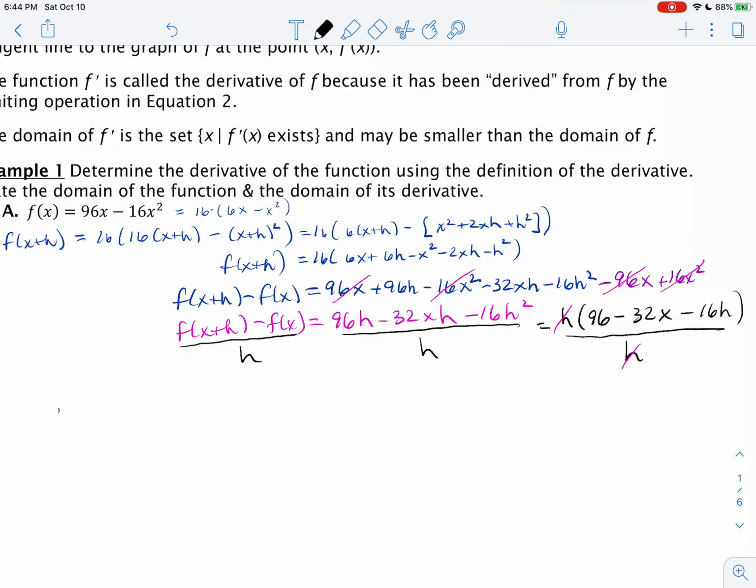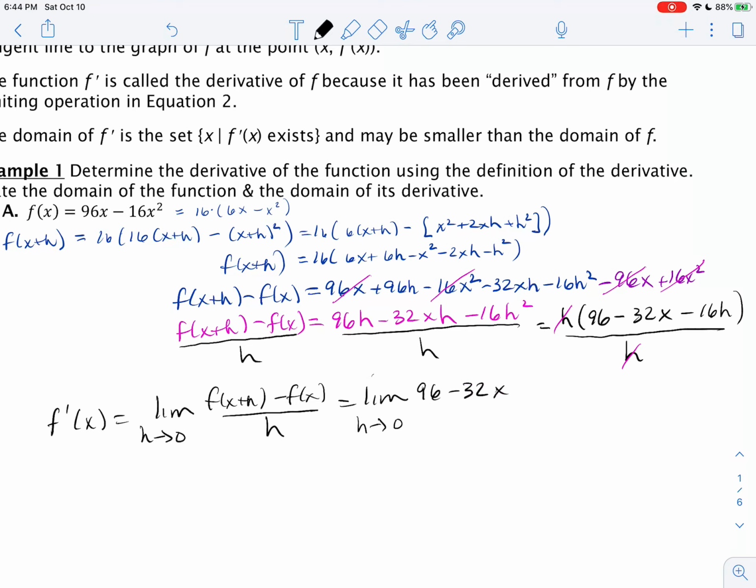So now I can say that my derivative, f prime of x, is going to be the limit as h goes to 0 of (f of x plus h minus f of x) over h. And I have already simplified that difference quotient, and I came up with 96 minus 32x minus 16h. And in that limit operator, h is the variable that is going to 0, and we're only going to plug in 0 where h appears in our expression, and everything else in our expression is considered a constant.